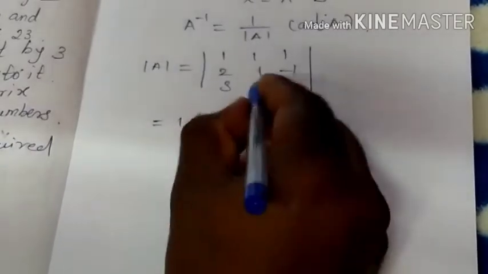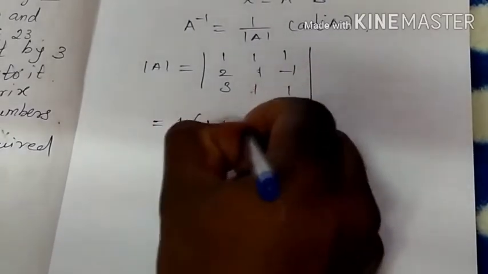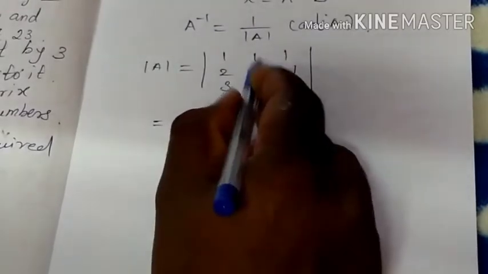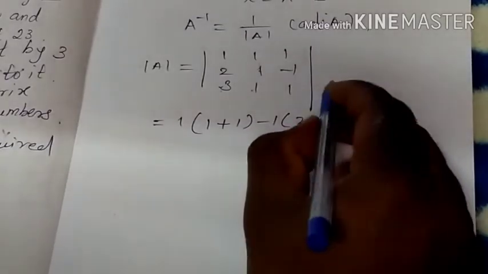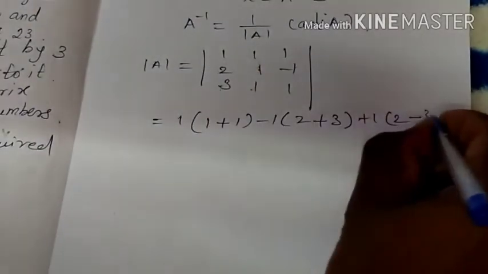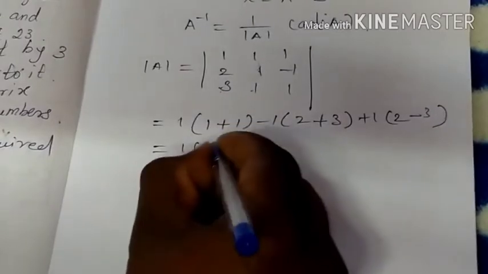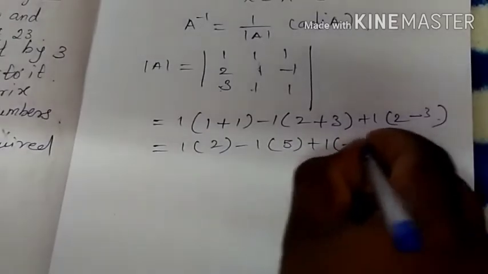We get 1 into (1 ones are 1, minus 1 times 2 ones are 2) plus (plus into minus, so minus plus, 3 ones are 3), then plus 1 into (2 ones are 2 minus 3 ones are 3), which is equal to 1 into 1 plus 1 is 2, minus 1 into 2 plus 3 is 5, plus 1 into 2 minus 3 is minus 1.